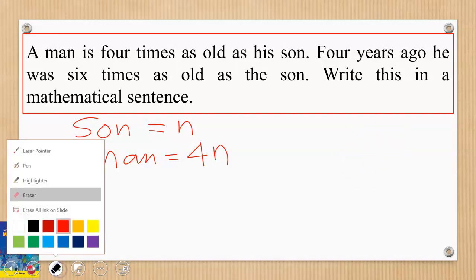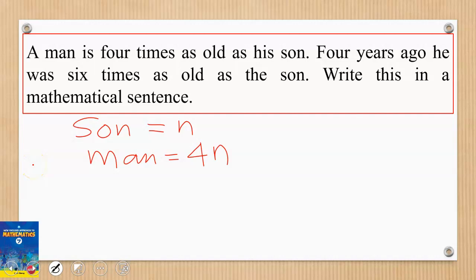Now today the son is n years. The man will be 4 times n. 4 years back, the son was n minus 4, and the man will be 4n minus 4.